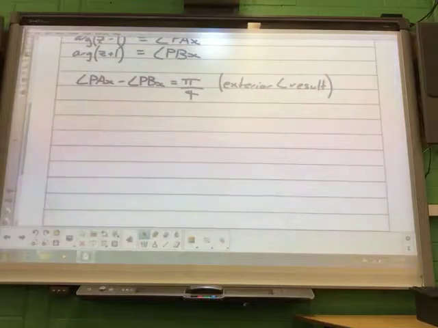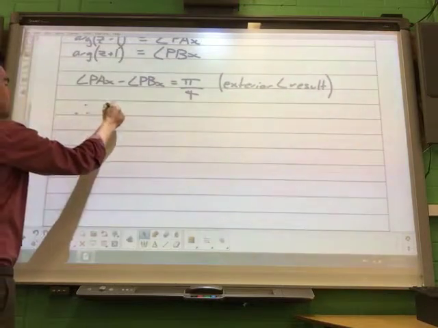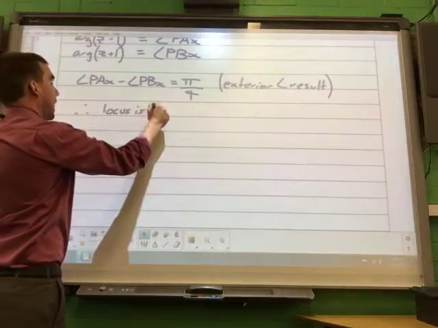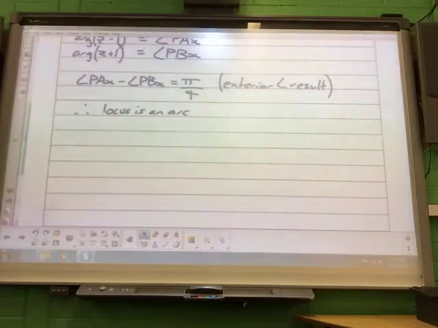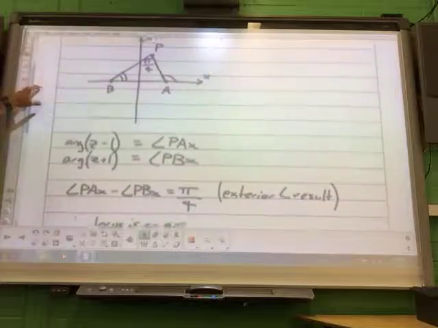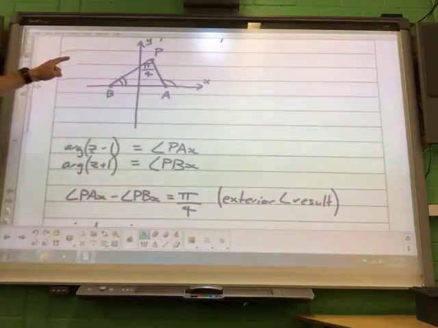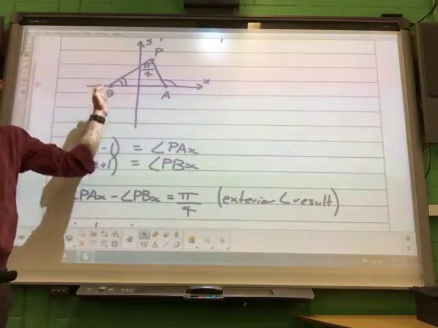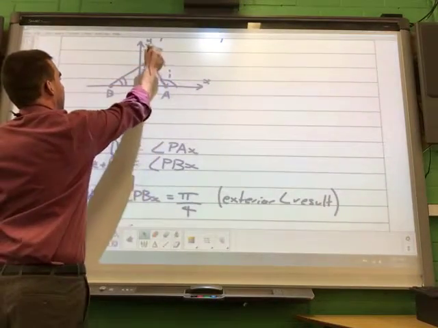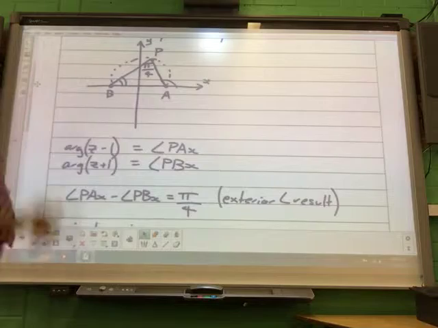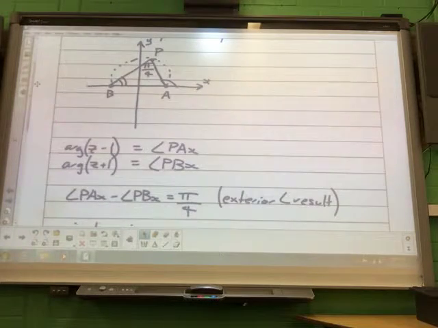So the locus is an arc. If you think about it, if this angle between the two moduli is always pi on 4, as you circulate that around, it's going to follow an arc of a circle.